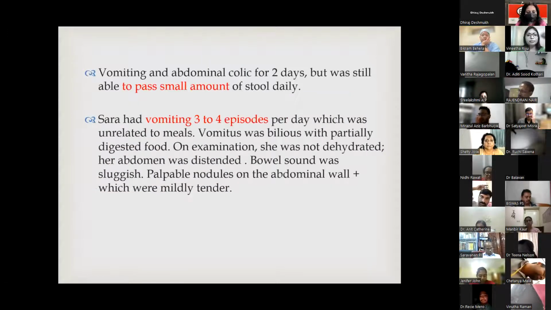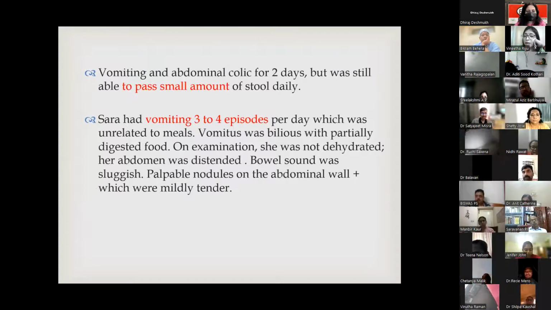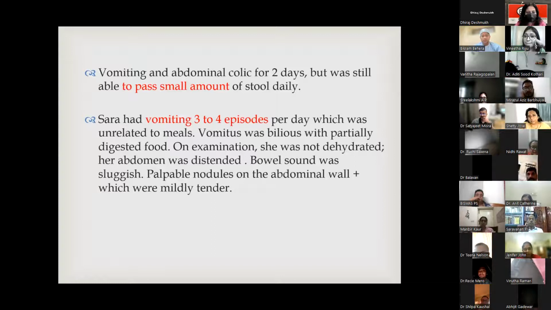Okay. So what happened is that she developed vomiting and abdominal pain for 2 days, but was still able to pass small amount of stool daily. Now, what would that be? It's not a complete obstruction. There is a small amount of stool having vomiting. It's a partial obstruction.